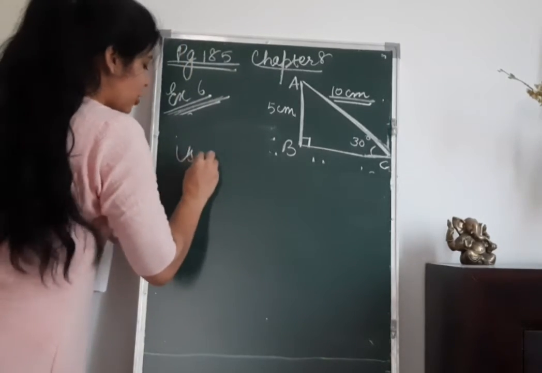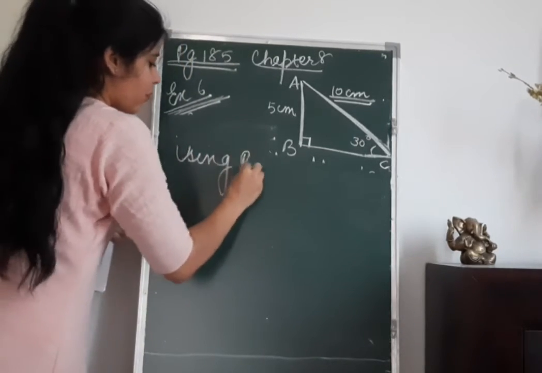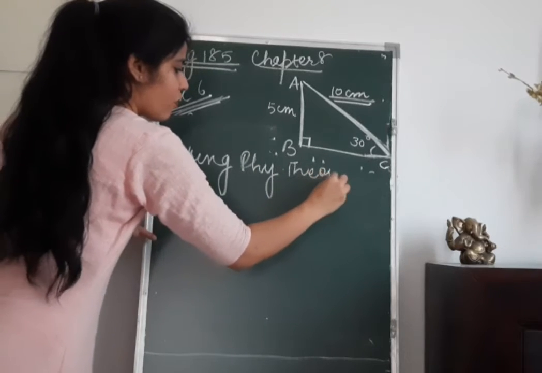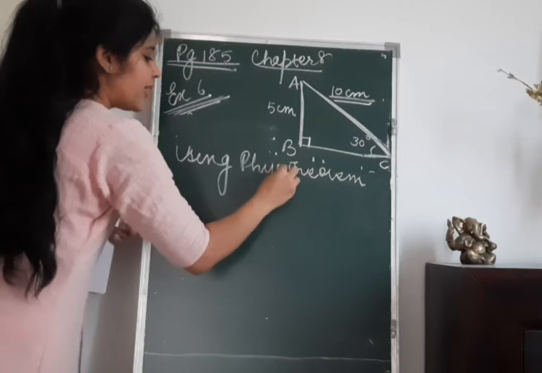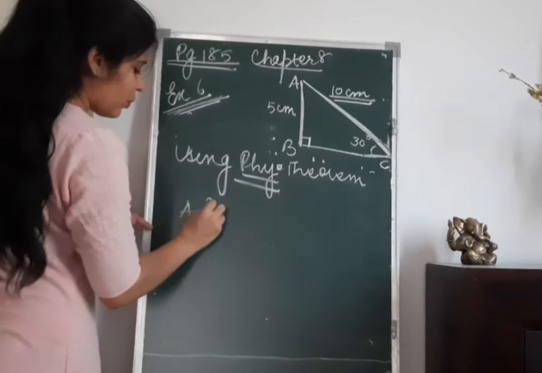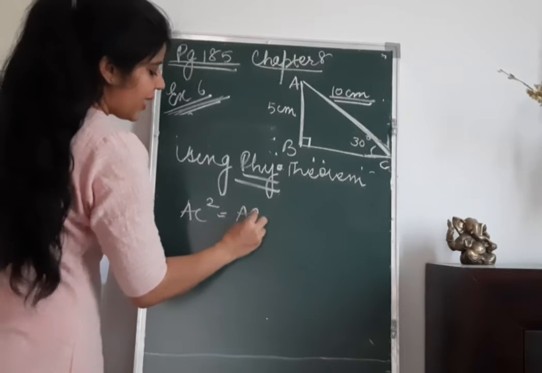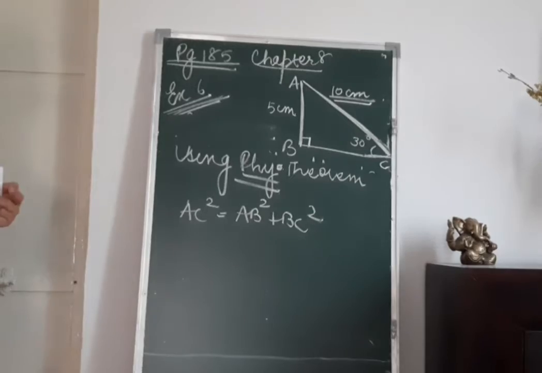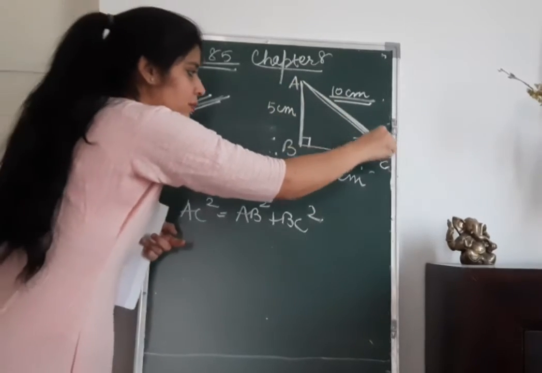Using Pythagoras theorem, can I say AC square is equal to AB square plus BC square? Right? Where AC square is what?